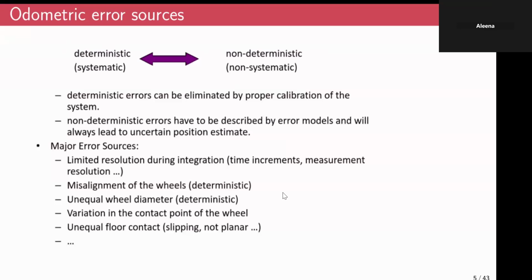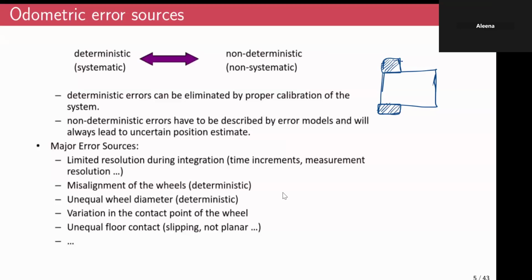How exactly is that error going to happen? Let me give you a simple example. If you have a differential wheel robot like this, with two wheels, and for the time being we consider both wheels to be of the same diameter, exactly identical, perfect in geometry.